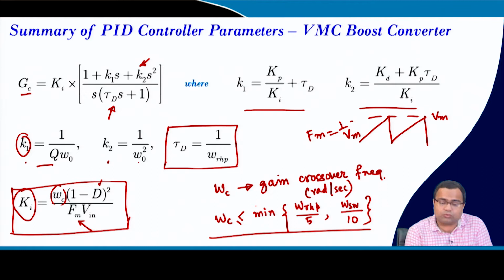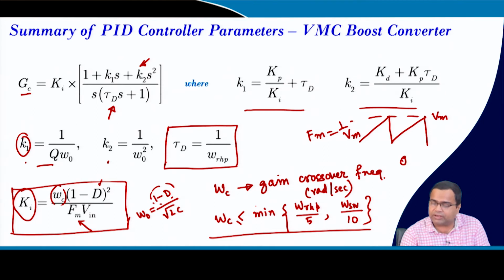So, what was omega 0? For a boost converter we know omega 0 was (1 minus d) by square root of LC. That means this quantity is duty ratio dependent. And what did we learn about Q?